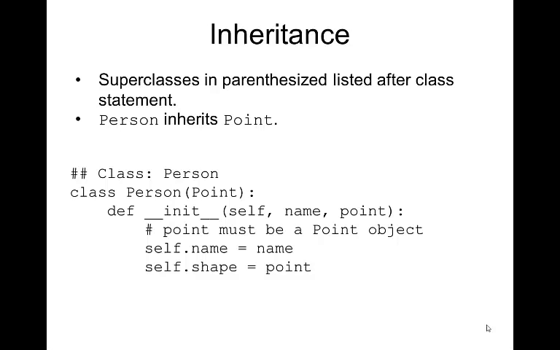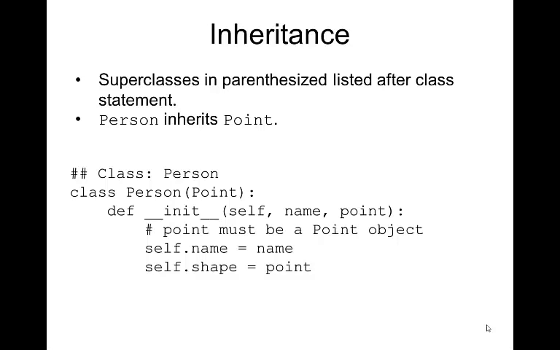Again, here we are, self.name, we set in the initiation function, we set the name of the person to the name that we pass in, and we create a shape attribute, an attribute called shape, to be equal to the Point object we pass in.